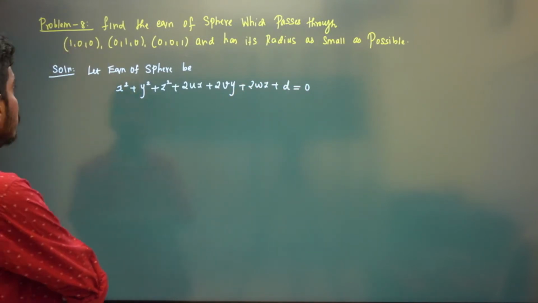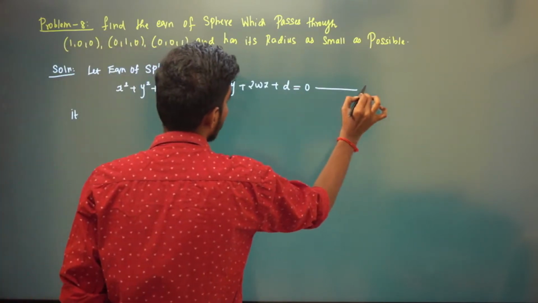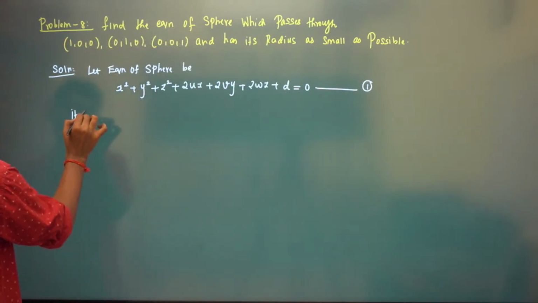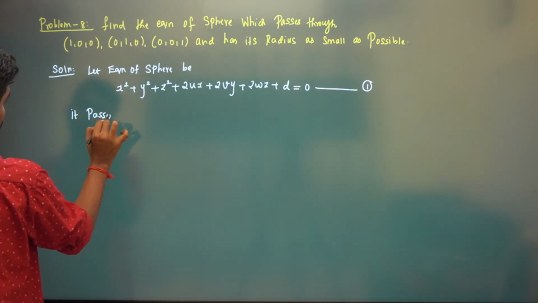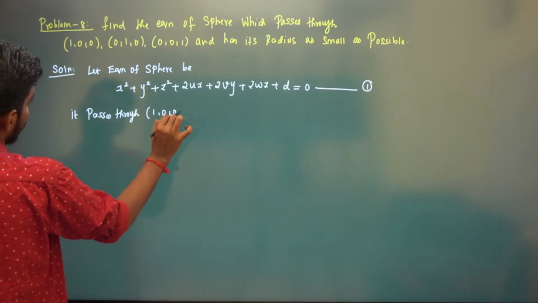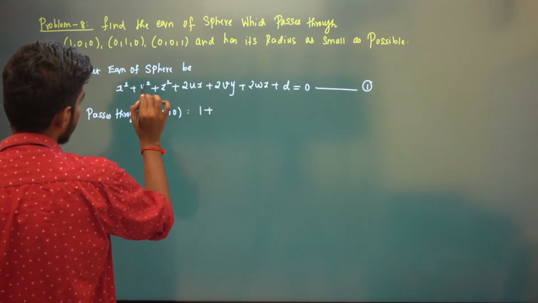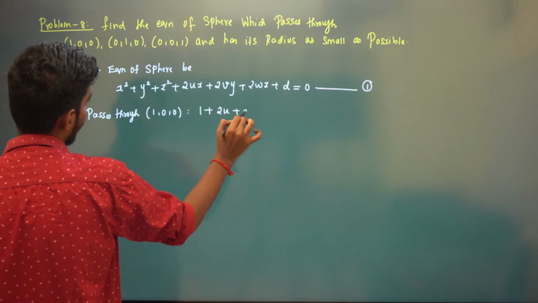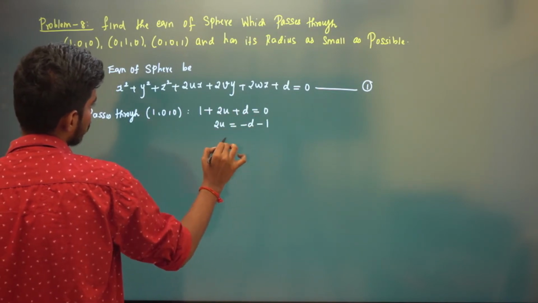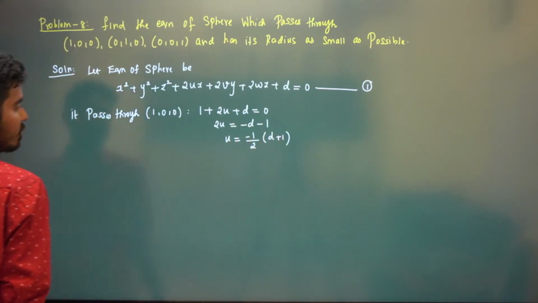Now it passes through these 3 points, right? This is the required equation, but we don't know u, v, w, d. It passes through 1 comma 0 comma 0. So we have 1 plus 2u plus d equal to 0, so 2u is equal to minus d minus 1, so u is equal to minus 1 by 2 times (d plus 1).